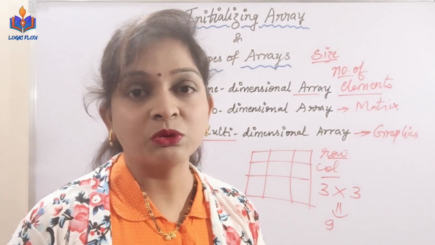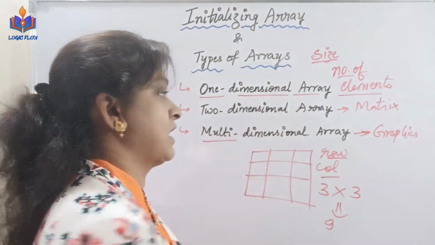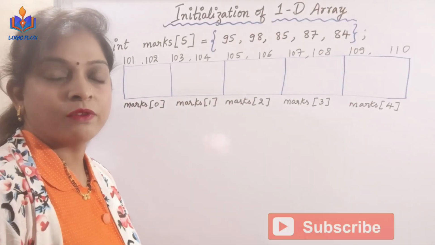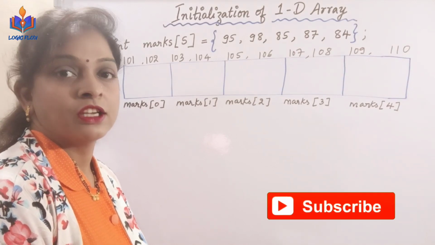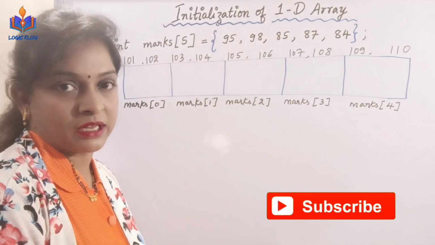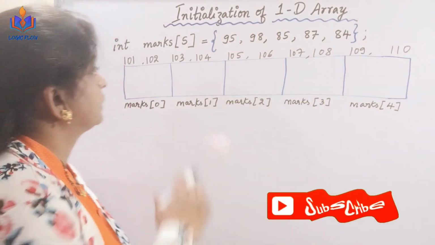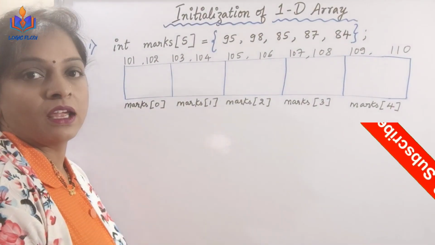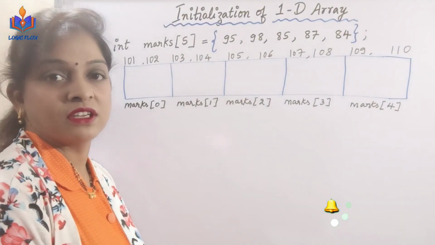So let's get into the first type of array, which is the one-dimensional array. Here we go with the initialization of the one-dimensional array. We have totally 4 methods to initialize. Let us see the first method. We have the array declared as marks, and the dimension that I have given is 5.